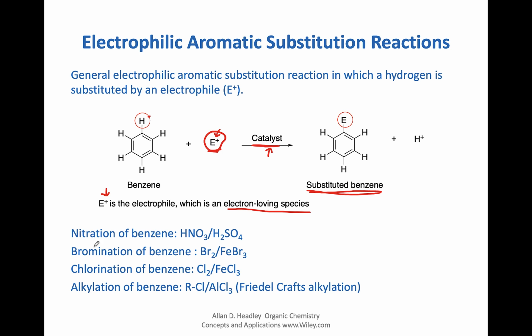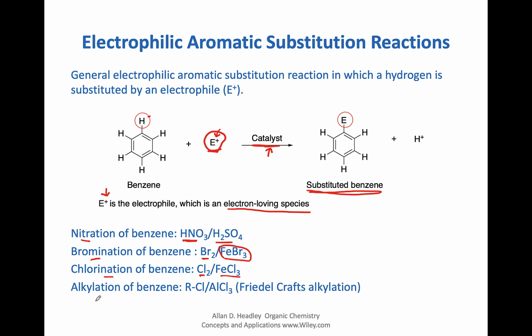Last lecture, we looked at the nitration, how to put on a nitro group on a benzene, and here is the active reagent, and here's the catalyst. We also looked at the bromination of benzene. Here's the active reagent, and here is the catalyst. We also looked at putting on a chlorine on the benzene ring, and here is the catalyst.